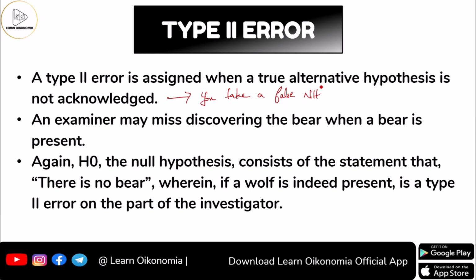Okay. So again, just to give you some example related to what we have considered earlier, here an examiner might miss discovering the bear whenever a bear is actually present. Actually, the bear is present, but the examiner is not able to recognize the bear. Okay, so what happens here is that the null hypothesis will be a statement like there is no bear, but actually there is a bear.